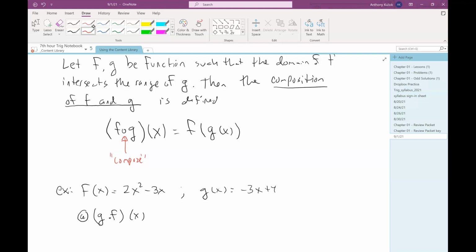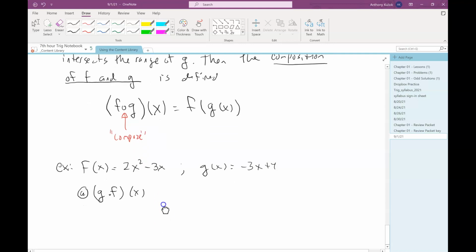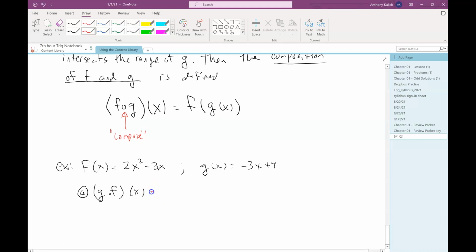So let's say we want to do g compose f of x. Well, by our definition, that should be g of f of x. In this problem, I know that f of x is 2x squared minus 3x.